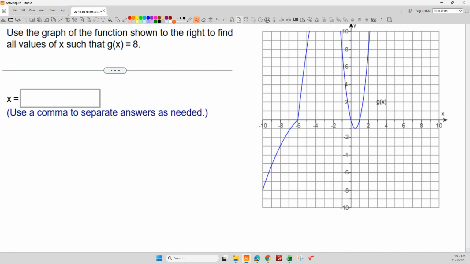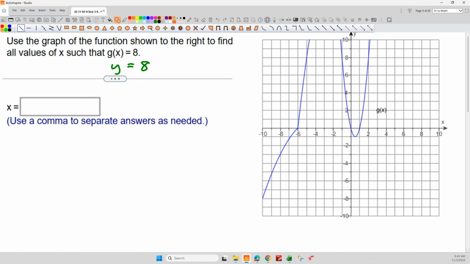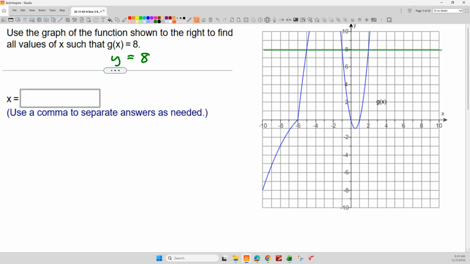What is 8? X or Y? Y. Okay, good. And then we're just going to find all those intersections, right? So the easiest way to do this would just be to say, okay, let's take the line y equals 8. G of x is a fancy name for y. If we graph that line, okay, what do we get there?